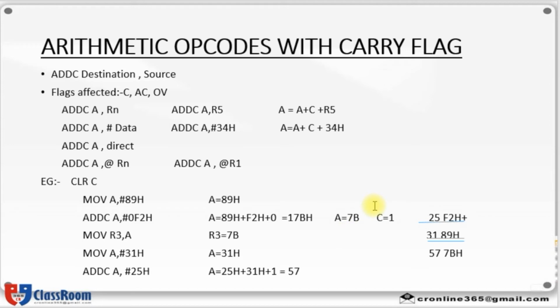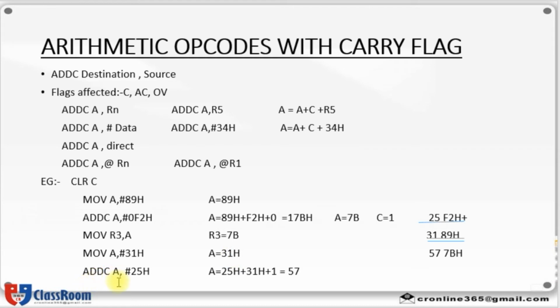Lower nibble contents are 7B that will be stored in accumulator and higher nibble that is 1 is stored as carry. Then again this accumulator value is transferred to one register that is given by the instruction MOV R3, A. So now R3 will be having this value 7B. Then again accumulator is loaded with another value, 31H.